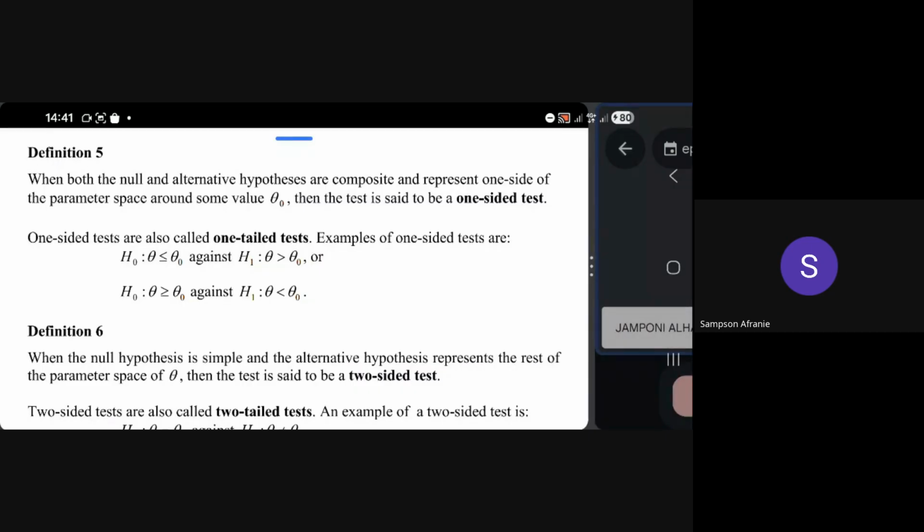Let's look at an example of one-sided. One-sided tests are called one-tail tests. I will illustrate to you why it is called a one-tail test. So an example is this. Let's assume that I went to a class and I was checking their mean greater than or equal to a particular value, and I'm checking it against their mean less than that value.